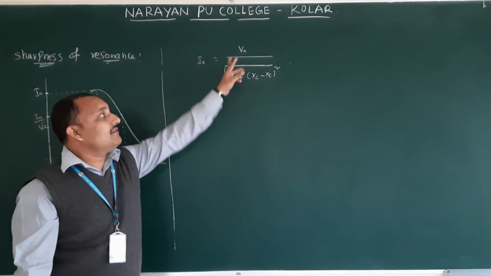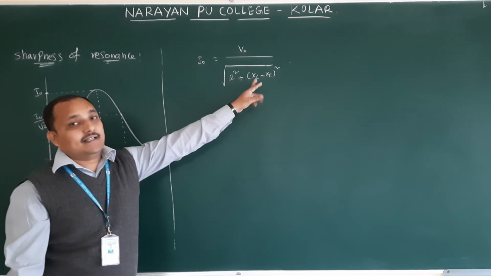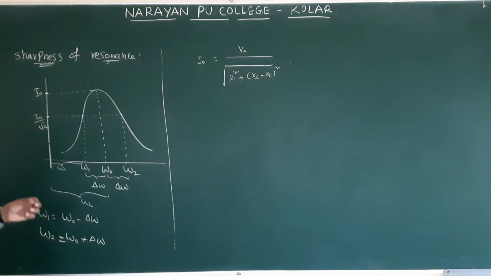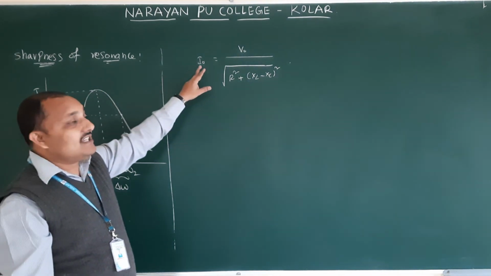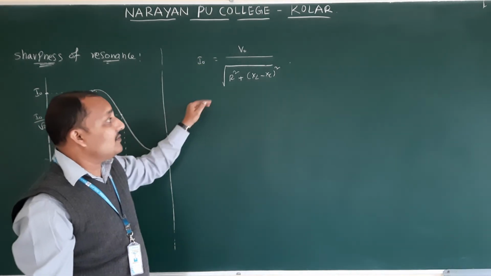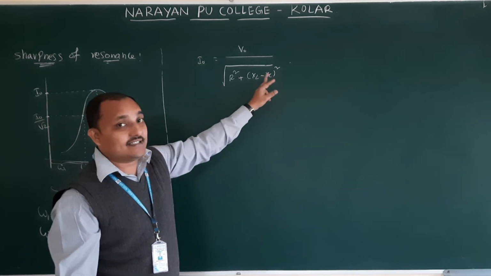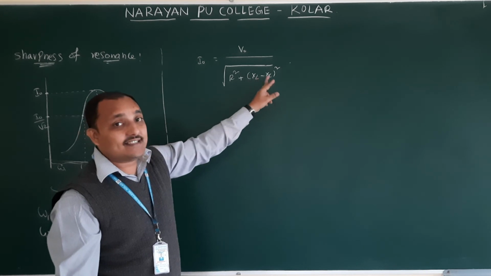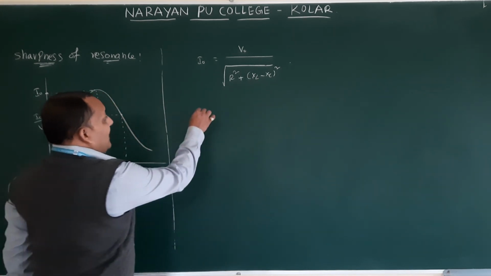Now, at omega 1 frequency or omega 2 frequency, what is the current value? I naught by root 2. So how are we going to write XL and XC? XL we can write as omega L, XC we can write as 1 by omega C.